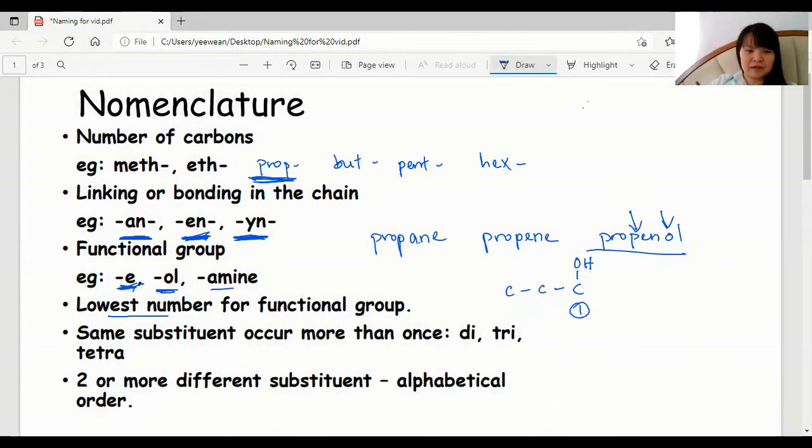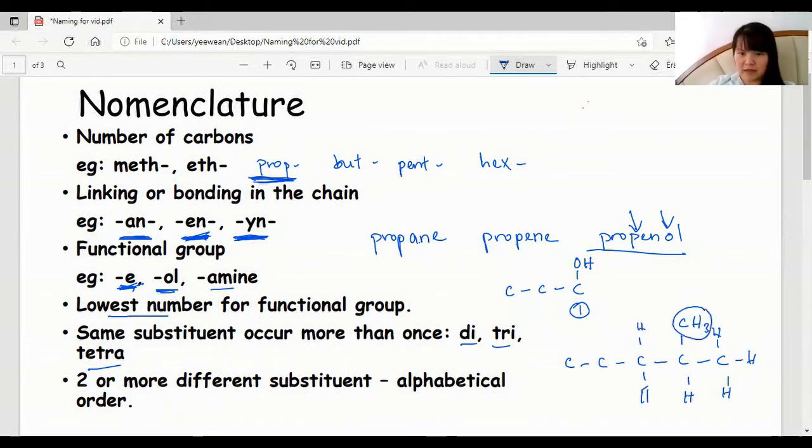If the same substituent occurs more than once, then we have to put the prefix di, tri, tetra. For example, if I have a CH3 here, I'm going to draw the full structure this time, except this part is still a condensed structural formula. So this does not pass for a full or displayed structural formula, as I still put this in condensed form.